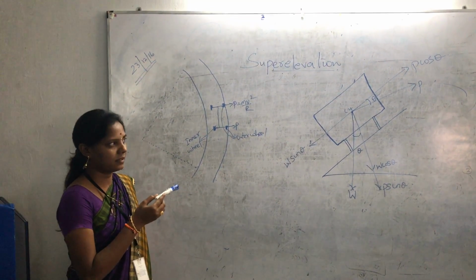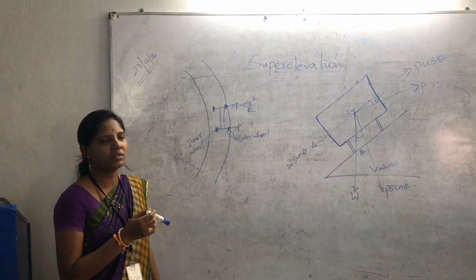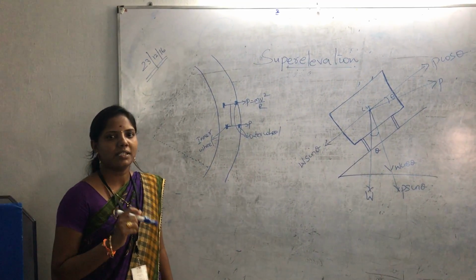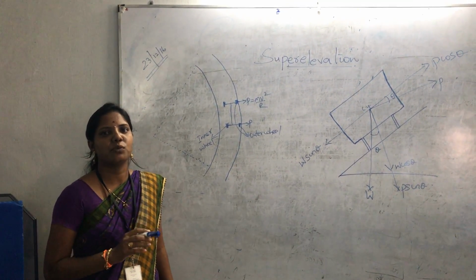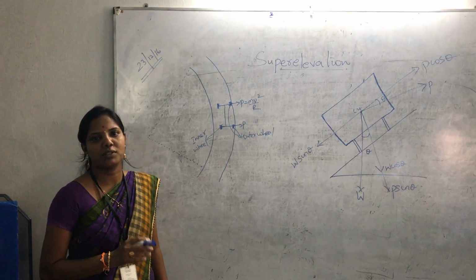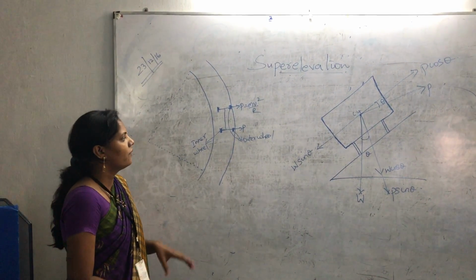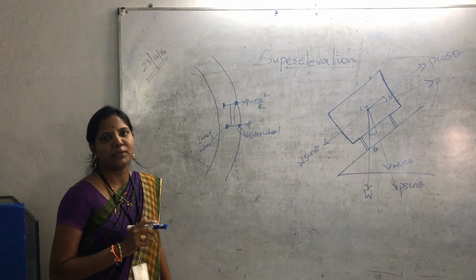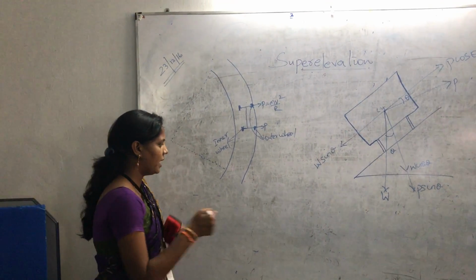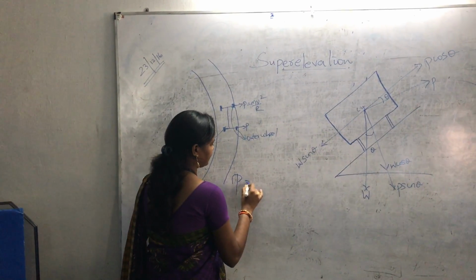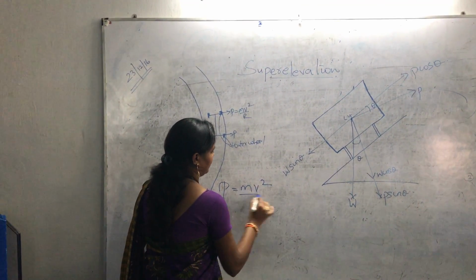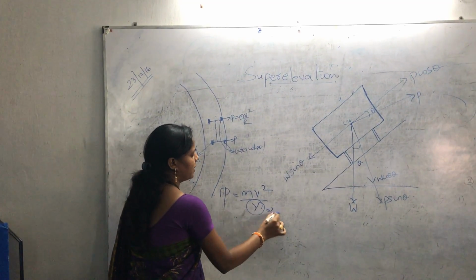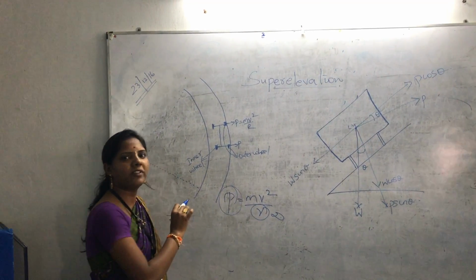The topics that we are going to discuss today are why we need the superelevation, what we mean by superelevation, and the expression for the superelevation. While traveling on a straight, horizontal road, the radius is infinity. If the radius is infinity, the centrifugal force is obviously zero.